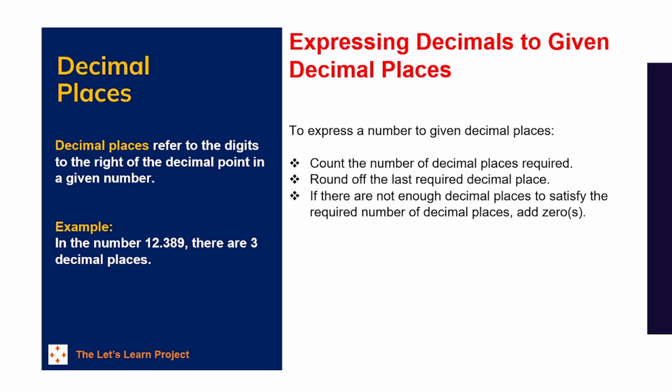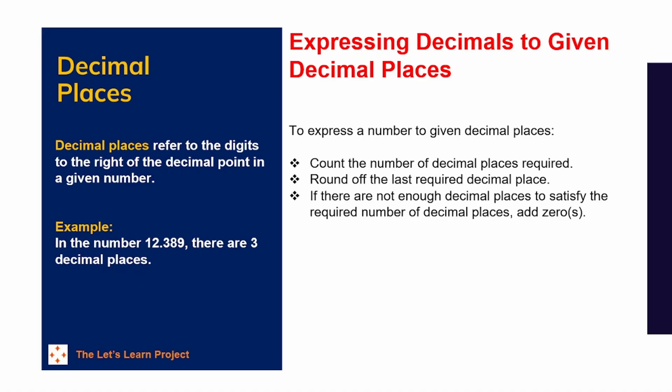When the number to the right hand side of the last required decimal place is among 0 to 4, you know that you have to leave the number at the last required decimal place as it is. You don't add 1 to it. But if it is part of 5 to 9, then it means you have to add 1 to the digit at the last required decimal place.